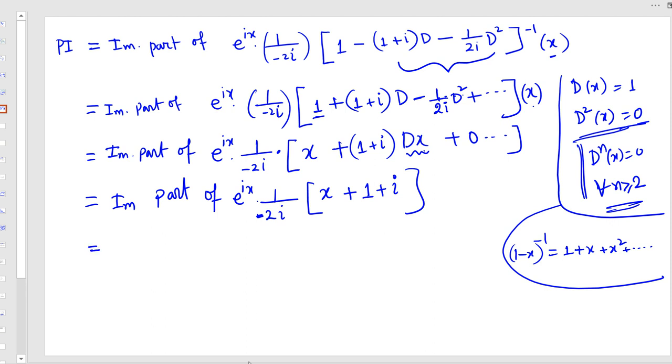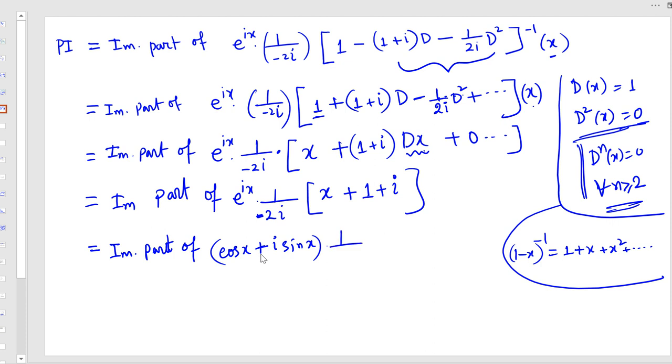Okay. So here, in place of e to the power ix, you can now substitute by Euler's theorem: cosine of x plus I sine x.